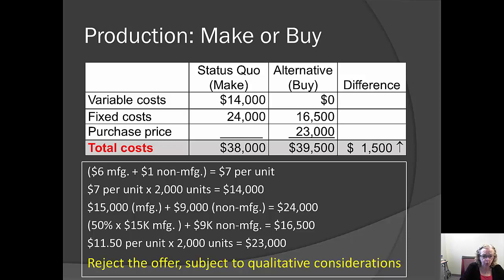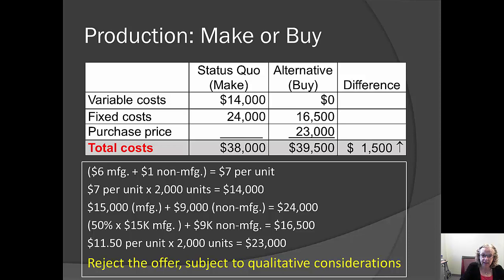This is subject to qualitative considerations. For example, the firm may consider that if they buy the component from a company that specializes in making it, maybe the quality control would be better, and that would be worth an extra $1,500 to this company.